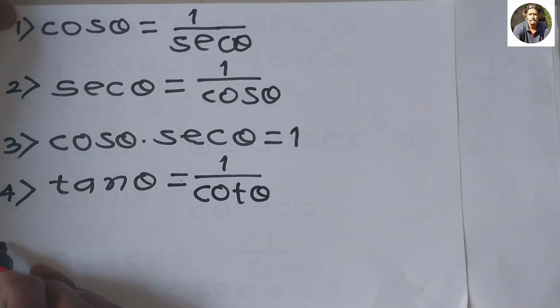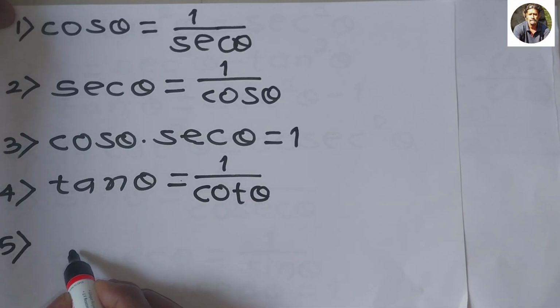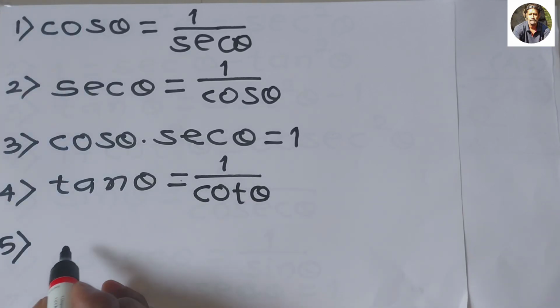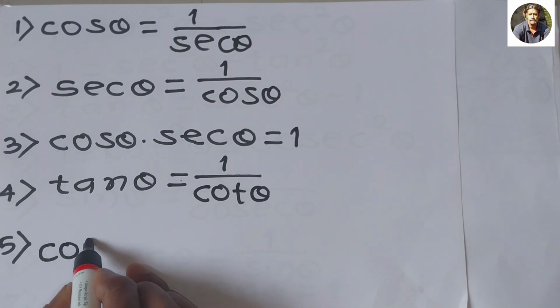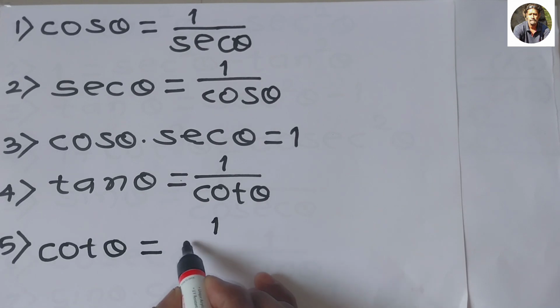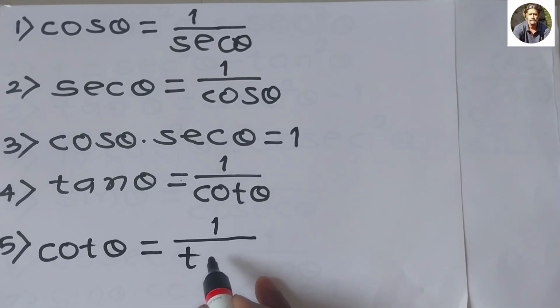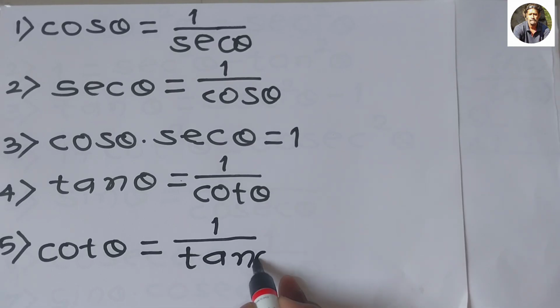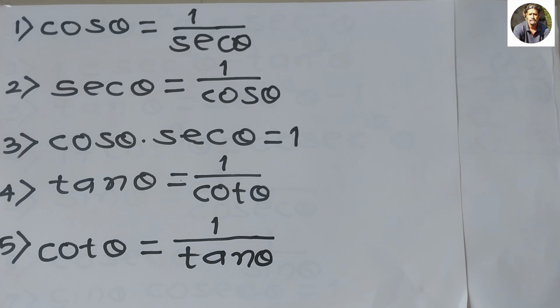Same way we also change the positions of tan and cot, therefore we get cot² is equal to 1 upon tan². This way we obtain many formulae from one formula.